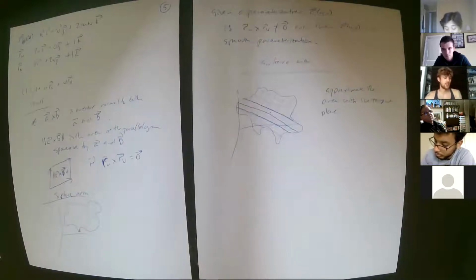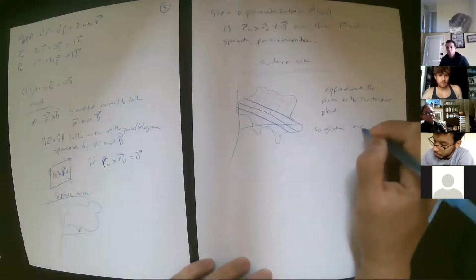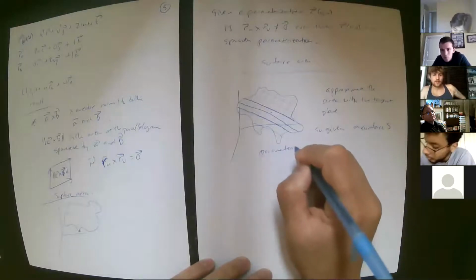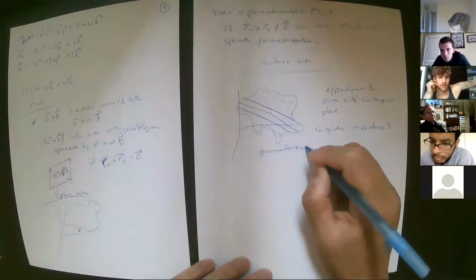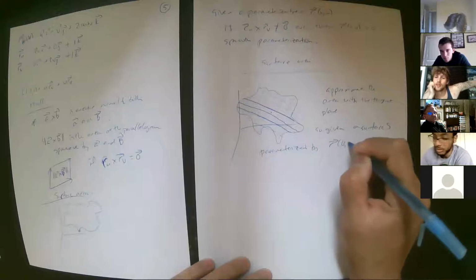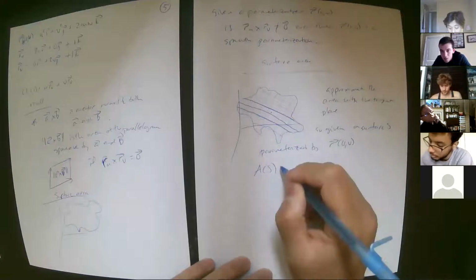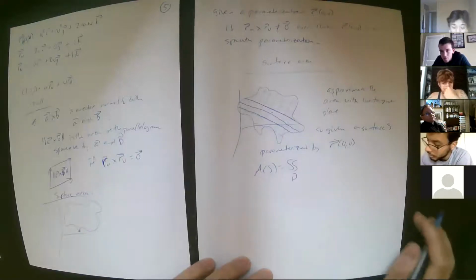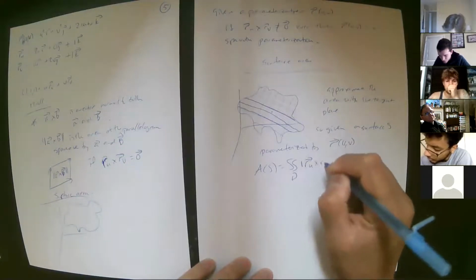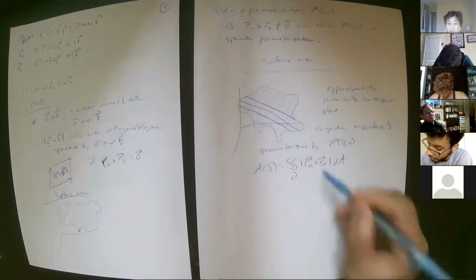So if we have a surface S parameterized by R of UV, the surface area is just this integral over the area of each of the tangent planes.